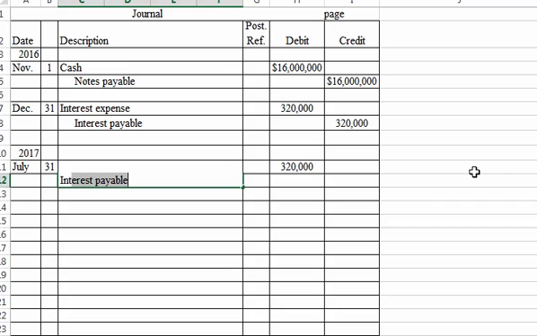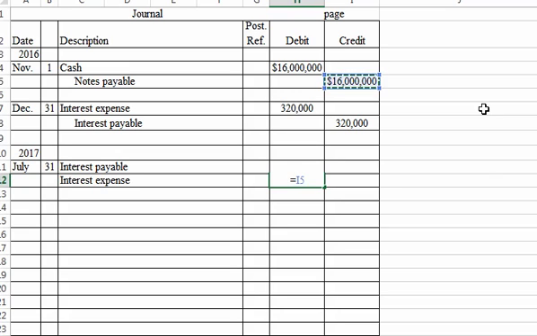All right, then we want to debit interest expense for interest incurred on this note in 2017. Well, that's going to be equal to our principal balance, the $16 million, times our interest rate of 12%, times the other 7 months out of the 12 in the year, and that would be January through July of 2017, and that gets us $1,120,000.